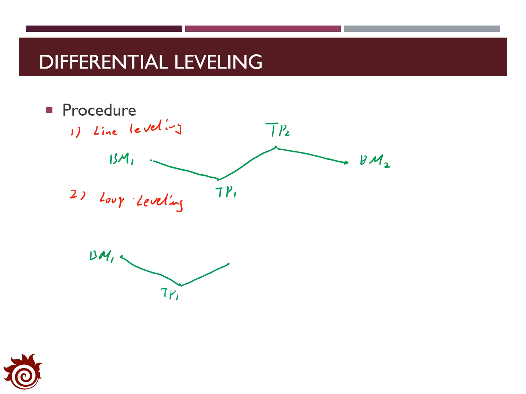Turning point 1, turning point 2, turning point 3, turning point 4, and at last it will go back to the initial benchmark. So it will form a loop for the measurement. The third type is called open-end leveling.